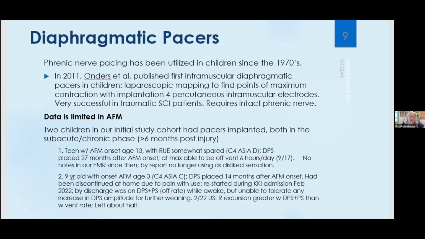It certainly still serves as stimulation without that, but it's unlikely to cause a contraction that's going to lead to successful ventilation.